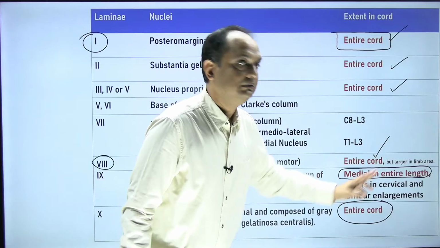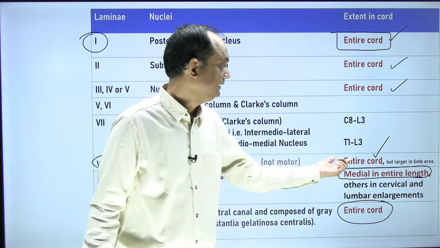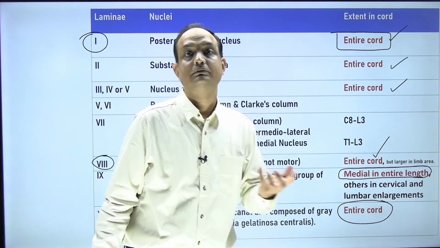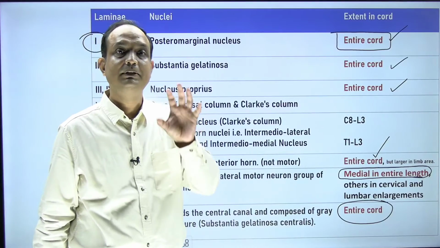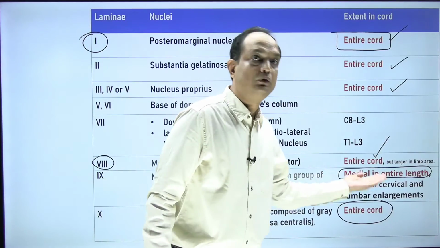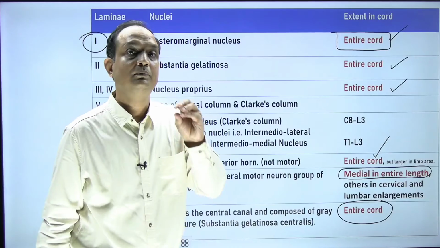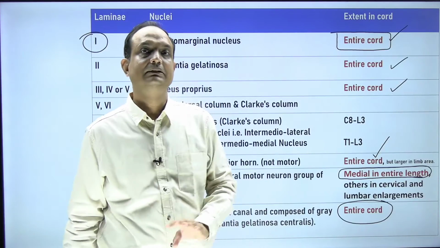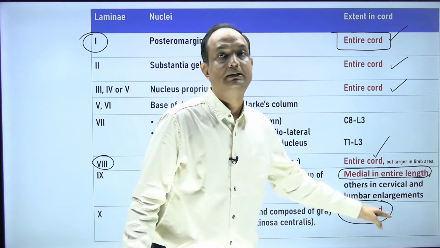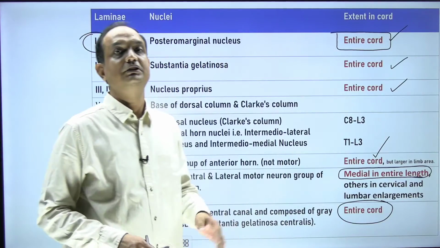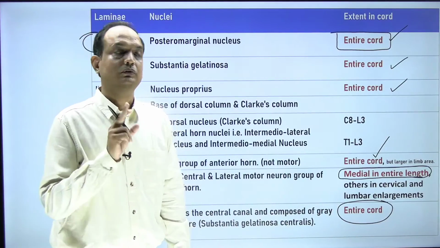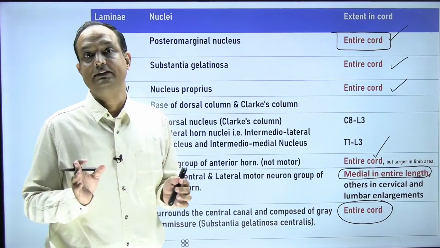Then Rexed lamina 8, the non-motor part of the anterior horn surrounding the medial group. Then the medial group of the anterior horn, the motor area, which is part of Rexed lamina 9, and Rexed lamina 10 extend in the entire cord. The remaining do not extend in the entire cord.